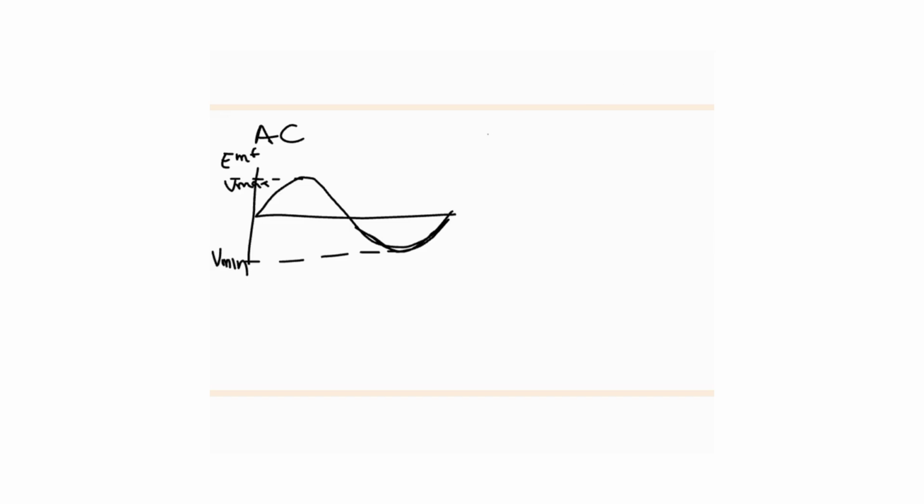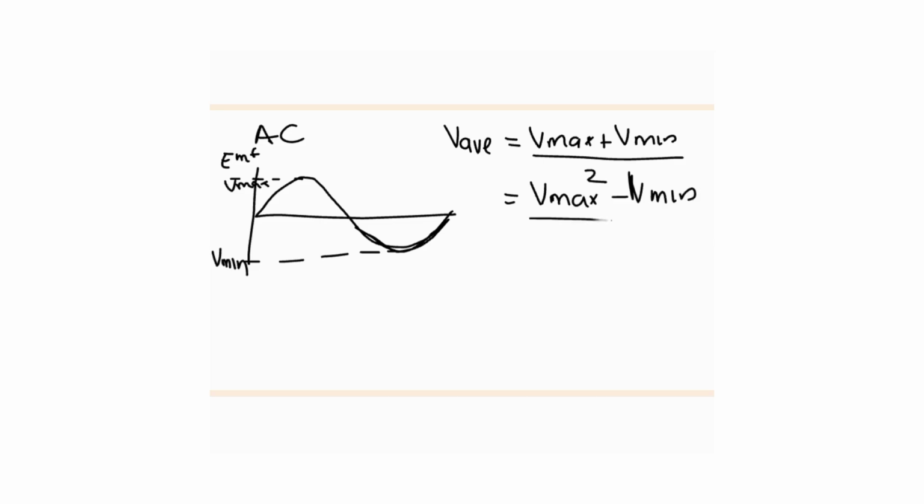Then if we want to find V average, we have seen V average is Vmax plus V min divided by 2, but Vmax and V min are the same. It's just that V min is going to be negative, so that would be Vmax minus V min divided by 2, and because they are the same magnitude, it's going to be 0 over 2, and that is going to be 0. So we can't really find the average, which is also the same with current.